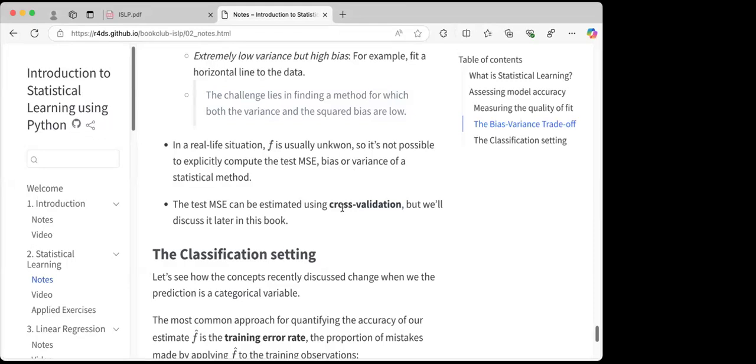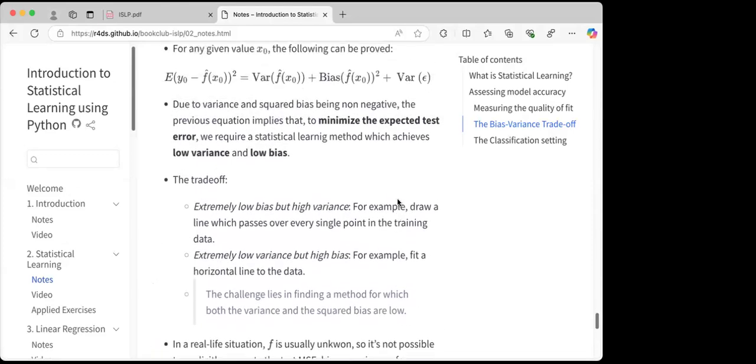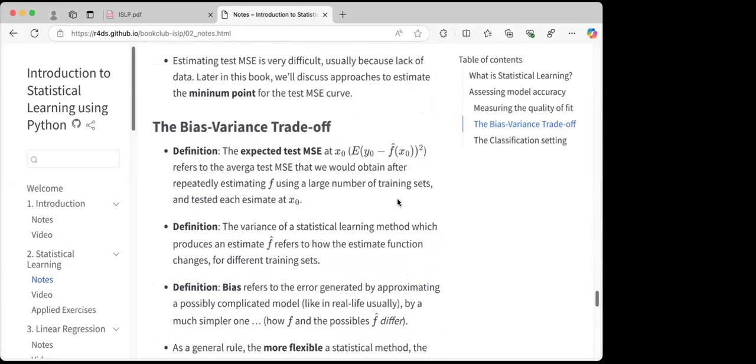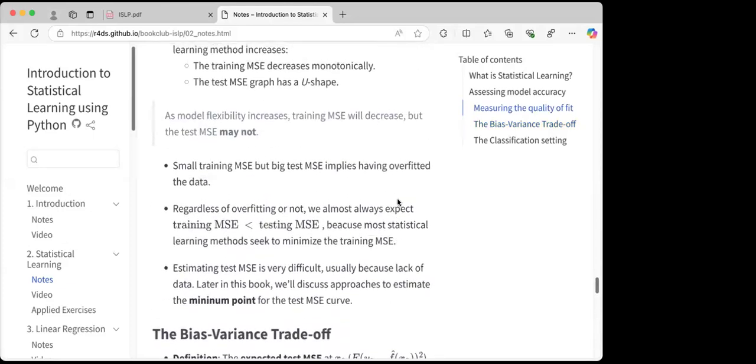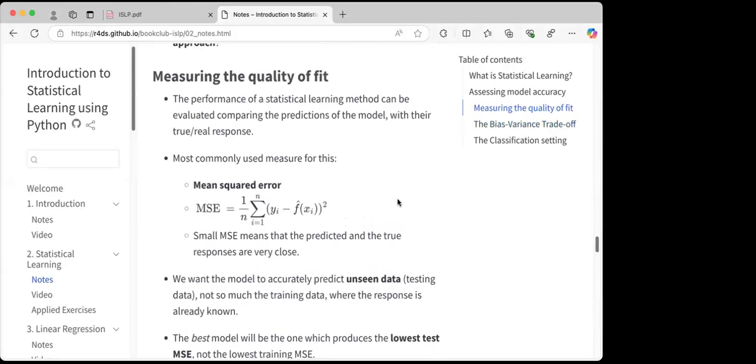So there are some other techniques that we could use to estimate the test MSE using cross-validation techniques, but I think later in the book he will discuss that. The approach that we have explained here for model accuracy is assuming that we are working with quantitative data, that we have a regression problem.